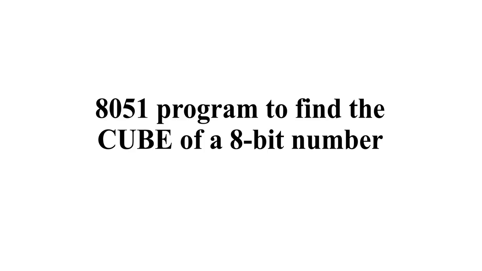Let us consider here, we want to find out the cube of FFH, which is an 8-bit number. So we need to multiply FF 3 times so that we get the cube of this number.